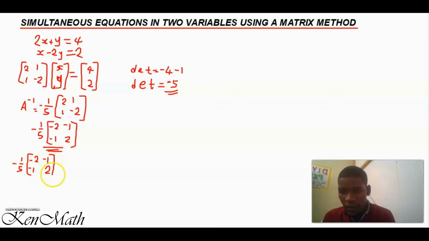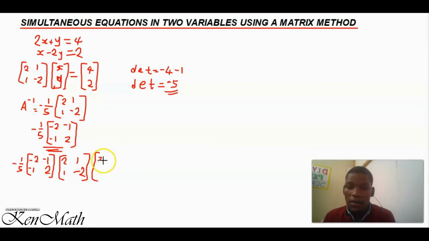That's what we have. So we multiply by the original matrix, which is 2, 1, 1, and negative 2, and then we have the variables, which are x and y. Okay.